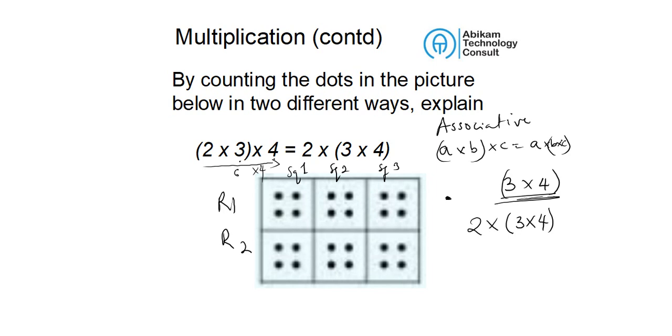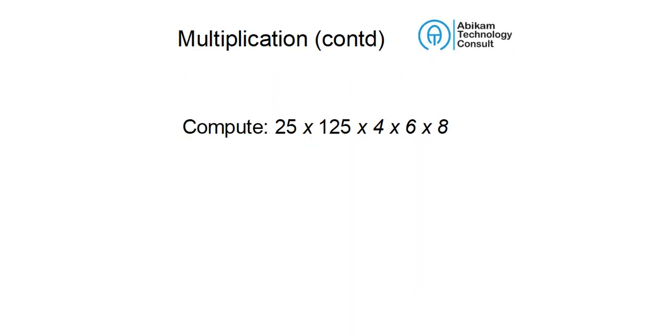All right. So in multiplication, we can see that the commutative property is obeyed, and likewise the associative property is also obeyed.